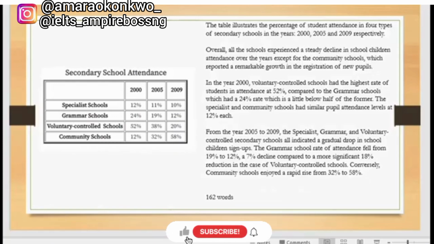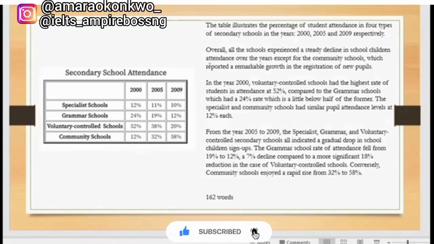Please research on that. Just search for that and you'll see a number of articles or videos that share information on different types of linking words that you can use in your academic writing task 1.